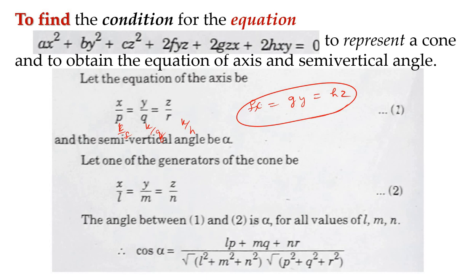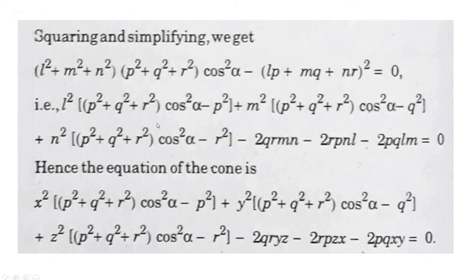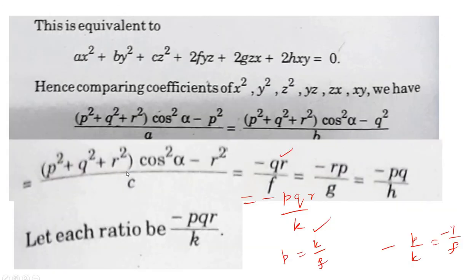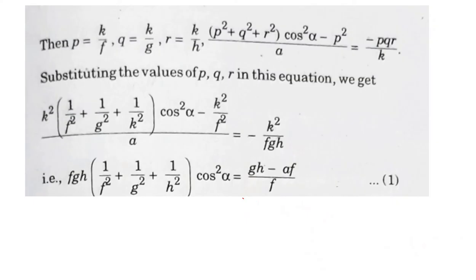So அதையும் assume பண்ணோம்னா angle between them we can get. அதில் we have squaring and simplifying we get like this. ஆனால் எனக்கு இது homogeneous equation ஆக இருக்கணும். அதனால் ரெண்டையும் கம்பேர் பண்ணும்போது என்ன நடக்குது என்பதை we are writing, and this has to be remembered how we are equating each ratio for easy computation. So we are equating that to minus pqr by k.